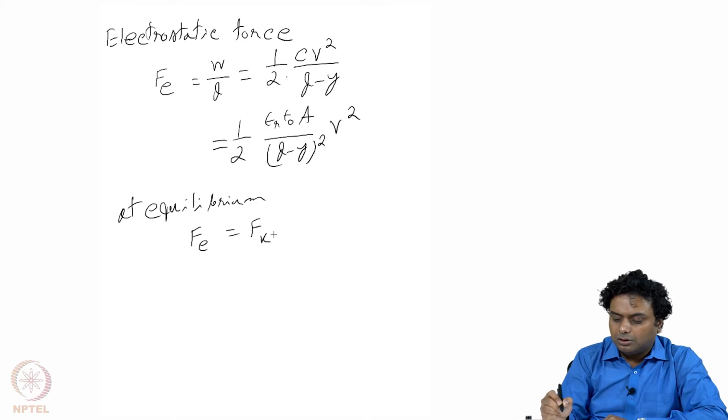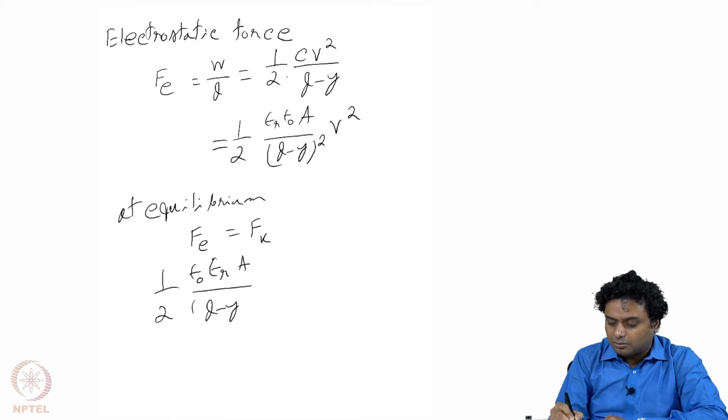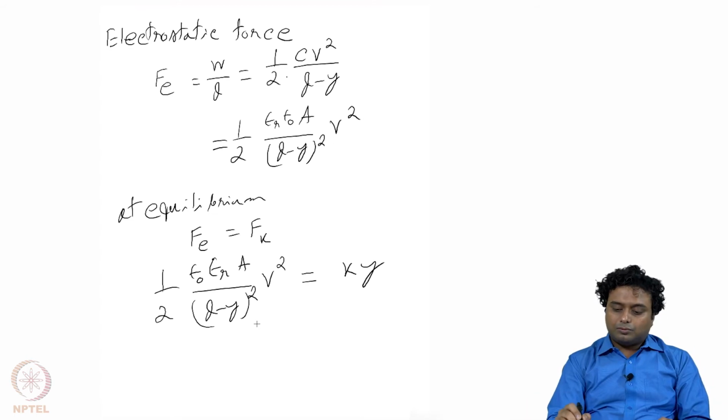So, the elastic force is equal to the electrostatic force, and that gives us half of epsilon naught epsilon r A divided by d minus y whole square, into V square, is equal to ky. So, from force balance we get half of some constant into V square divided by d minus y whole square is equal to ky.